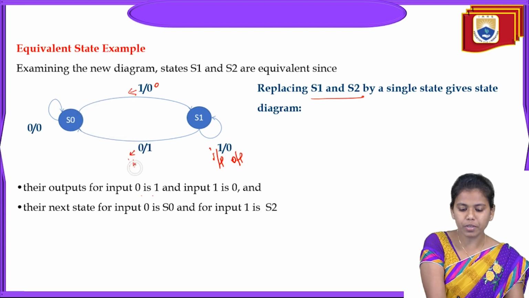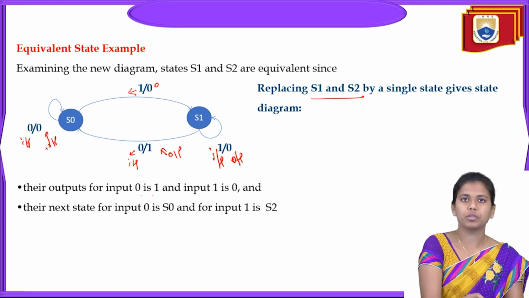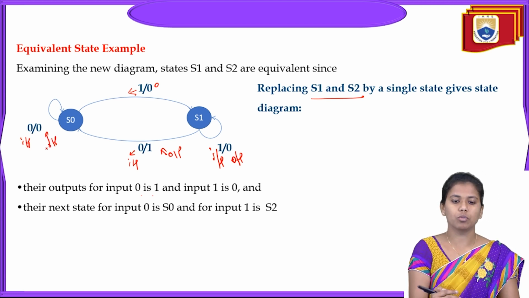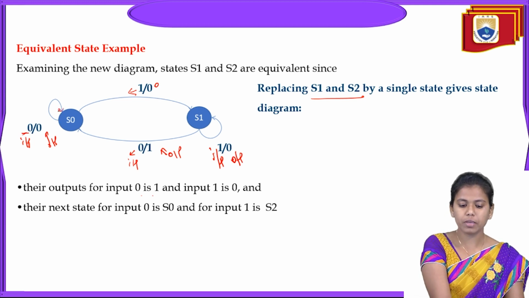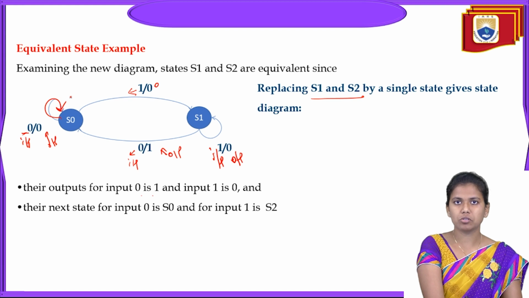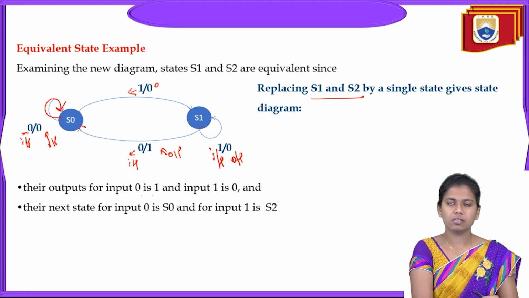This is my input and this is the output. So when my input is 0, S0 stays in the same state S0. And when my input is 0, the transition from S1 takes place to S0.